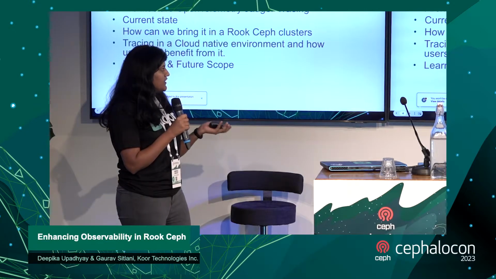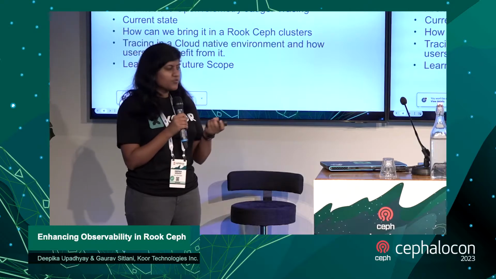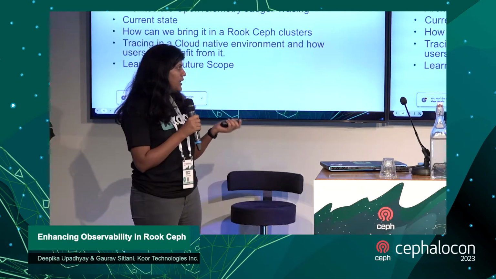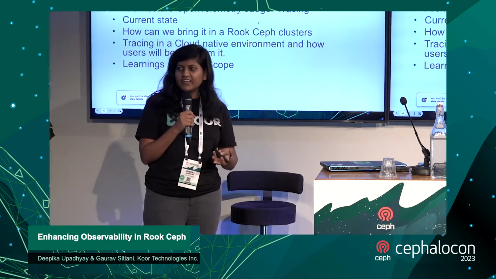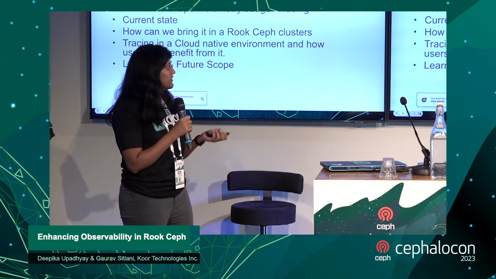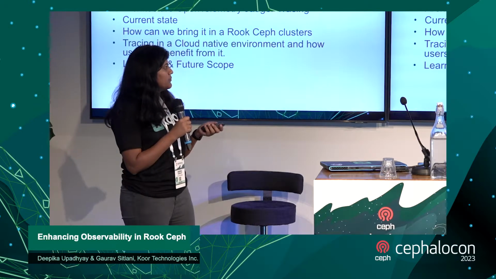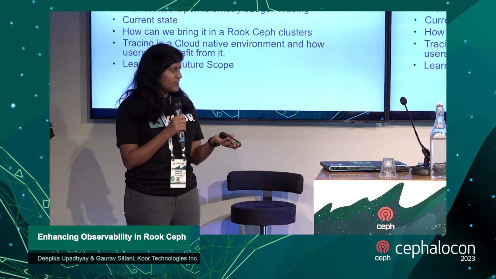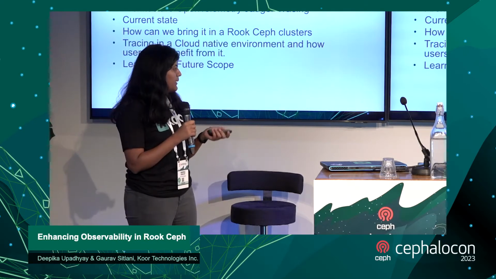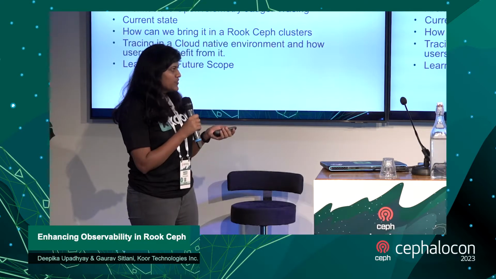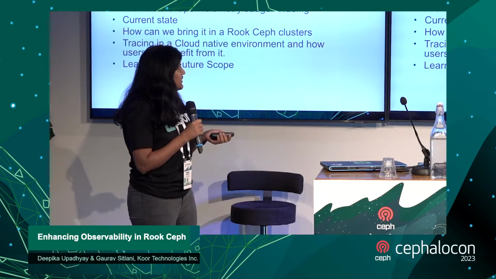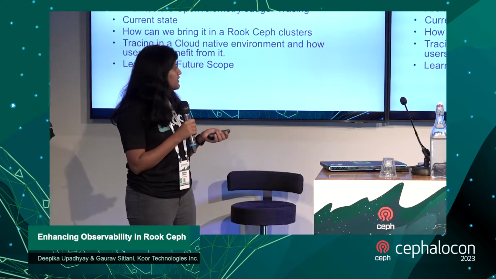Then we did some tests in Rook Ceph clusters related to tracing, and we'll stress the findings that came out of it and what it holds in future for Rook. Finally, we'll summarize those aspects and hopefully have a discussion around it at the end of the presentation.